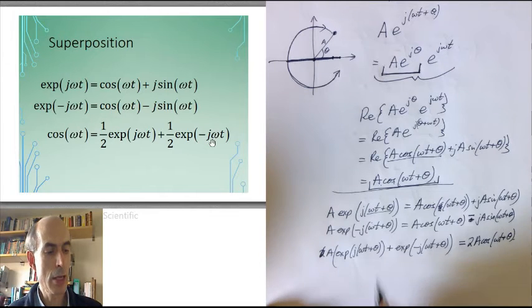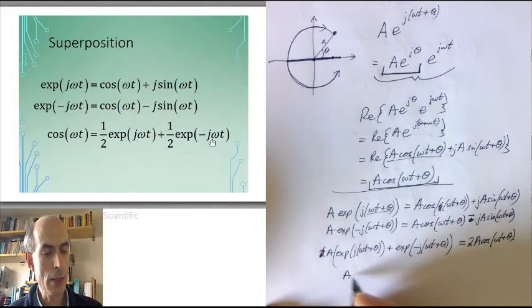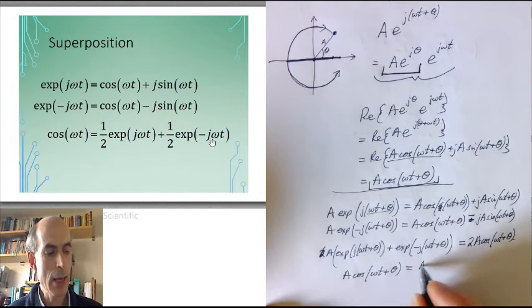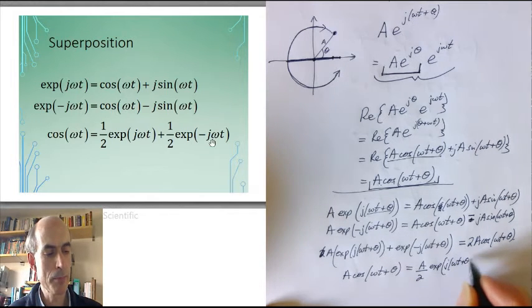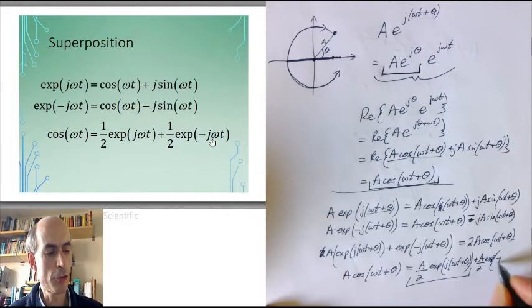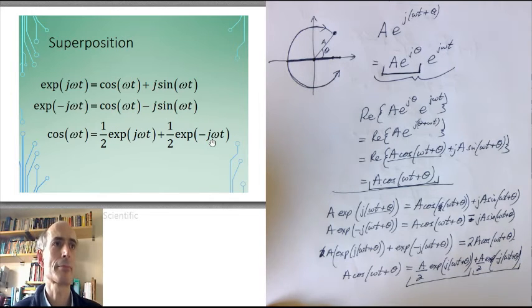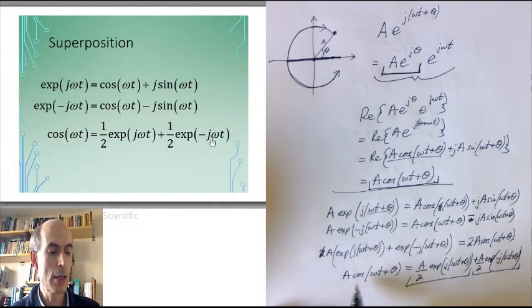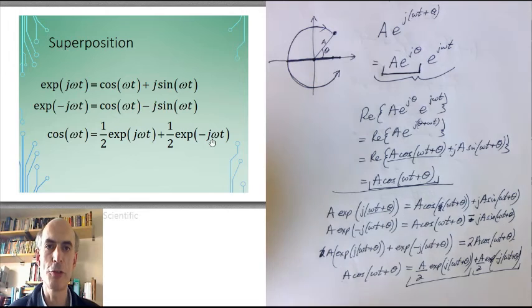Or in other words, the real oscillation that we're trying to represent in terms of sinusoids, A cosine (omega t plus theta), is equal to A over 2 times the exponent of j (omega t plus theta), that's one sinusoid, plus A over 2 times the exponent of minus j (omega t plus theta). That's another sinusoid. So we can always express a real cosine wave in terms of the sum of two sinusoidal oscillations.